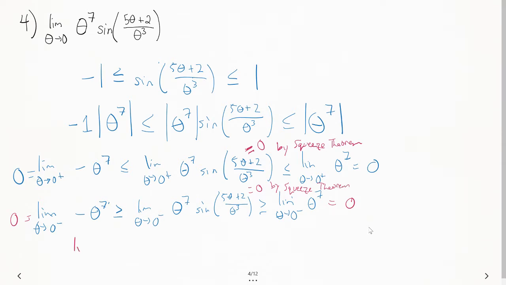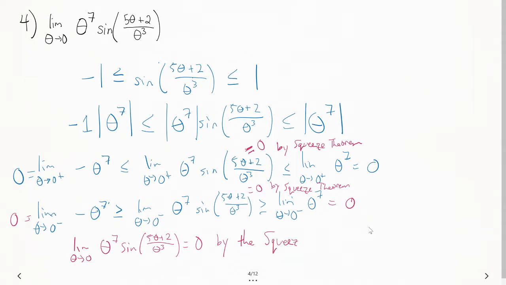So at the end of the day, and as I said, you could be a little bit more lax and just drop the absolute values from the get-go. We get the limit as theta approaches 0 of theta to the 7th sine of 5 theta plus 2 over theta cubed. That whole thing equals 0 by the squeeze theorem.